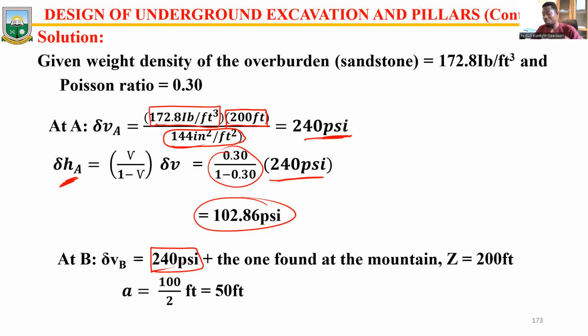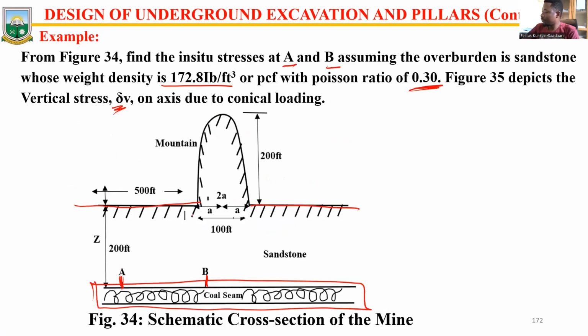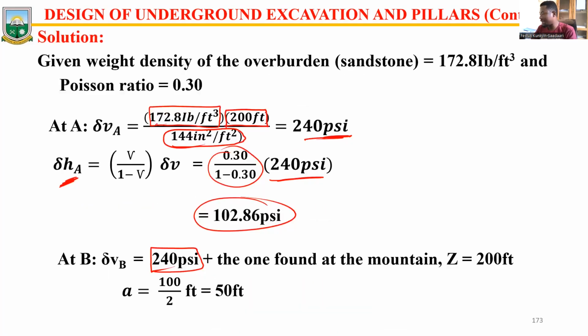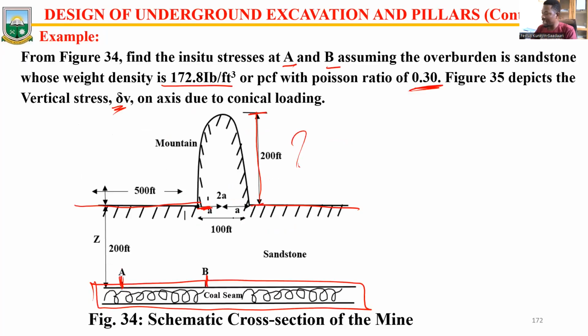We already know, because they said that from this side to this side is 200 feet, but from the floor to the top of the hill is also another 200. So we already know the first 200, and this is what we want to calculate.